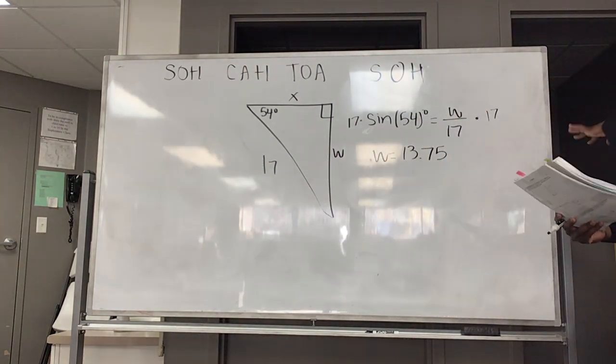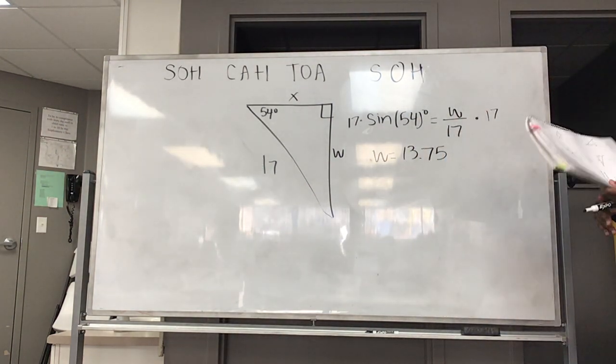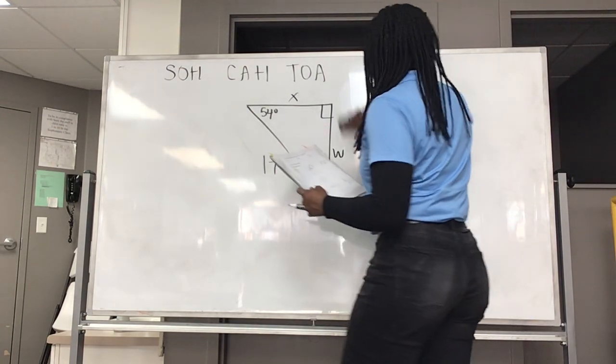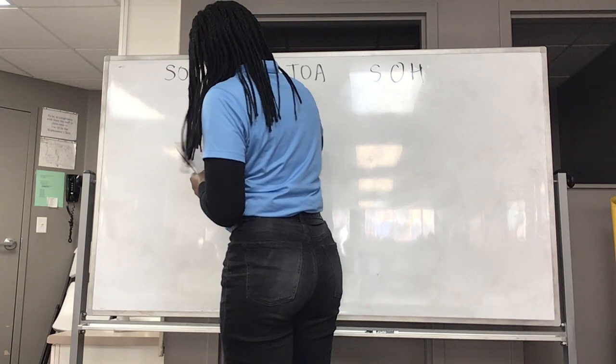Okay, does anyone have any questions about how we got there? No? Alright, so we're going to do another example, and I'll have you guys try this one on your own. I'll just draw it up here.